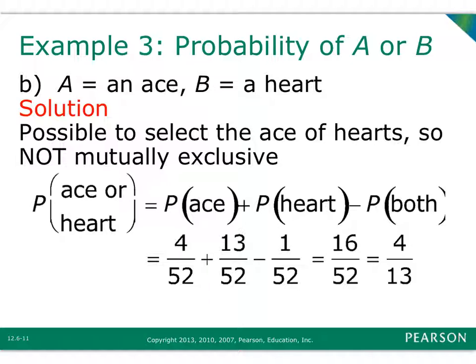In this case, the probability of an ace or a heart is equal to the probability of an ace, which is 4 over 52, plus the probability of a heart, which is 13 divided by 52, minus the probability of the intersection of being a heart and an ace, which is 1 over 52. And when we do the math, we get 16 over 52, which is 4 over 13.